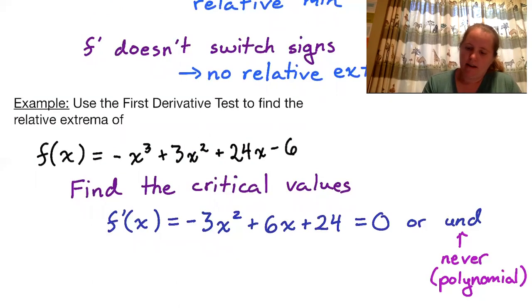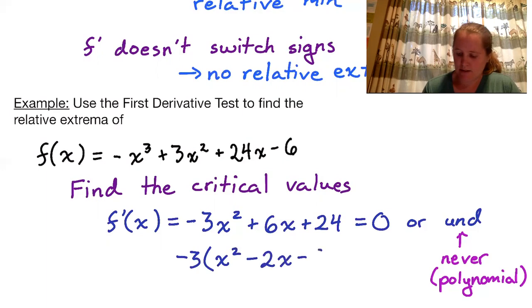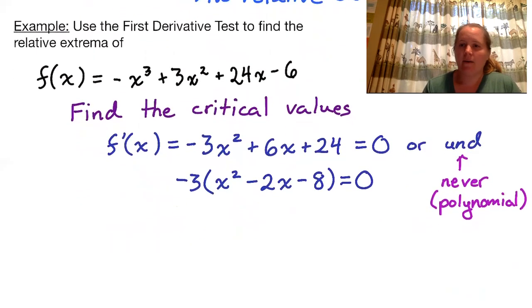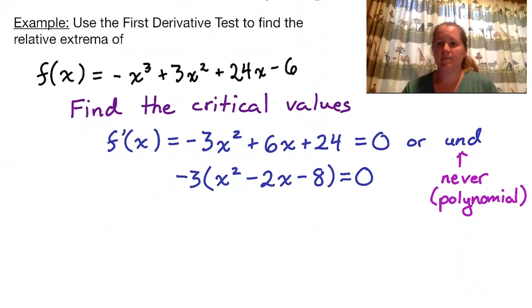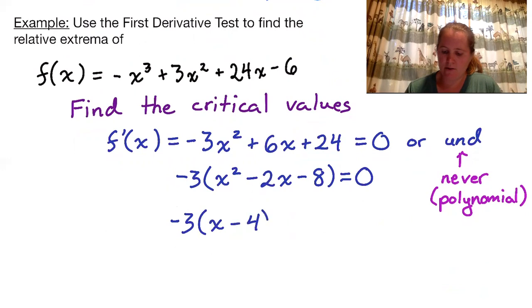And then on the left, we could go ahead and factor out a negative 3. So we have x squared minus 2x minus 8 left inside. And then that we can go ahead and factor as negative 3 times x minus 4 and then x plus 2, that will multiply back to x squared minus 2x minus 8.